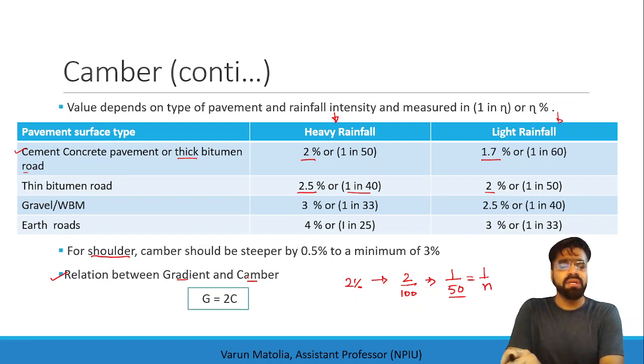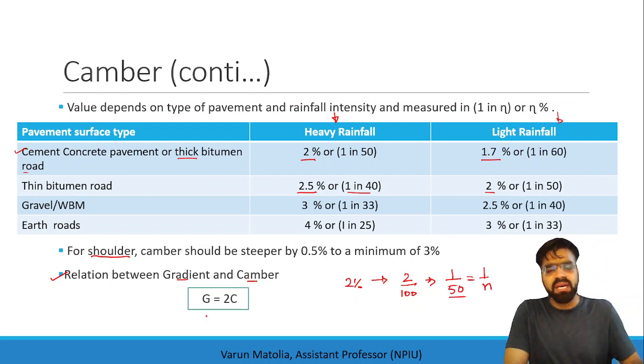And there is a relation between camber and gradient. Gradient can be written as 2 times camber. So the relation is gradient equals 2 × camber. If the camber of a cement concrete pavement in heavy rainfall is 2%, then the gradient for the same pavement in the same weather conditions can be 4%.